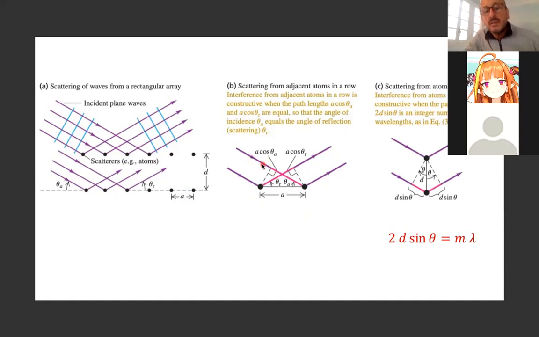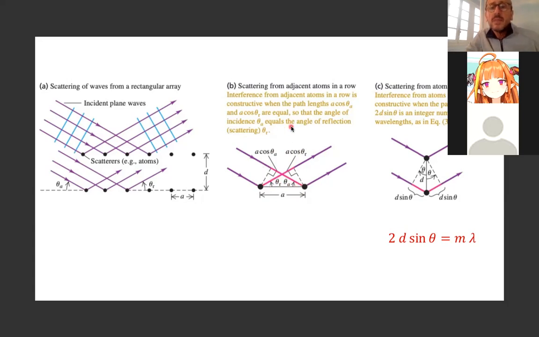In the light pink ray, from here to here, this is how much this one travels until it gets here, and this is how much they travel since they were completely in phase until they get there. The only way these two things are going to be in phase is if theta A is equal to theta R, so the reflected angle and the incident angle are the same.